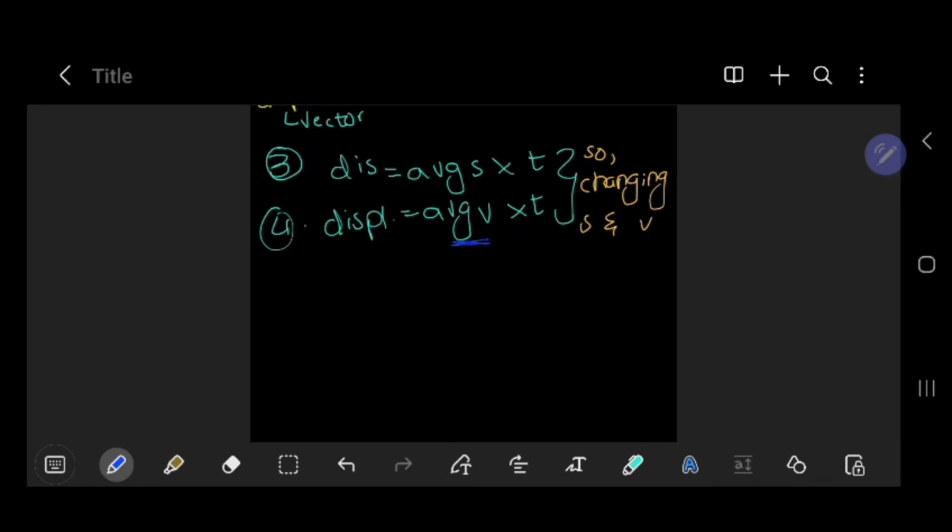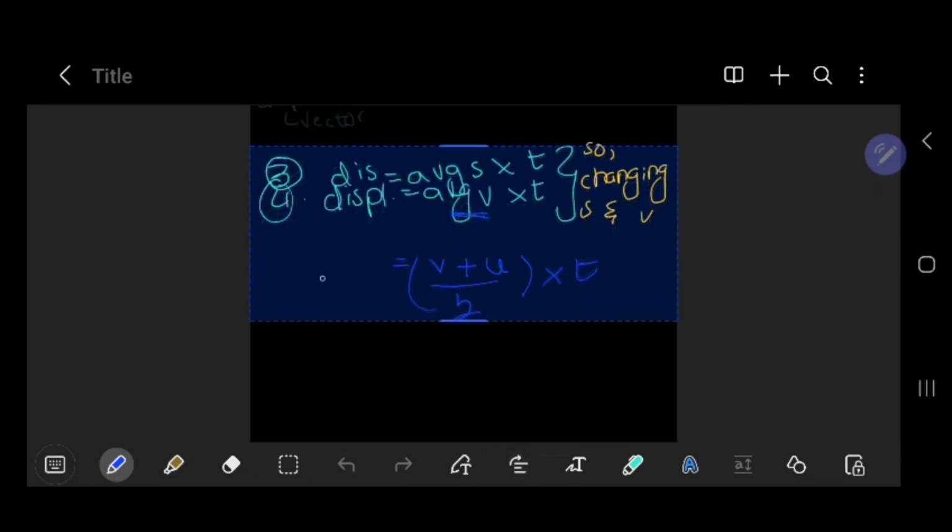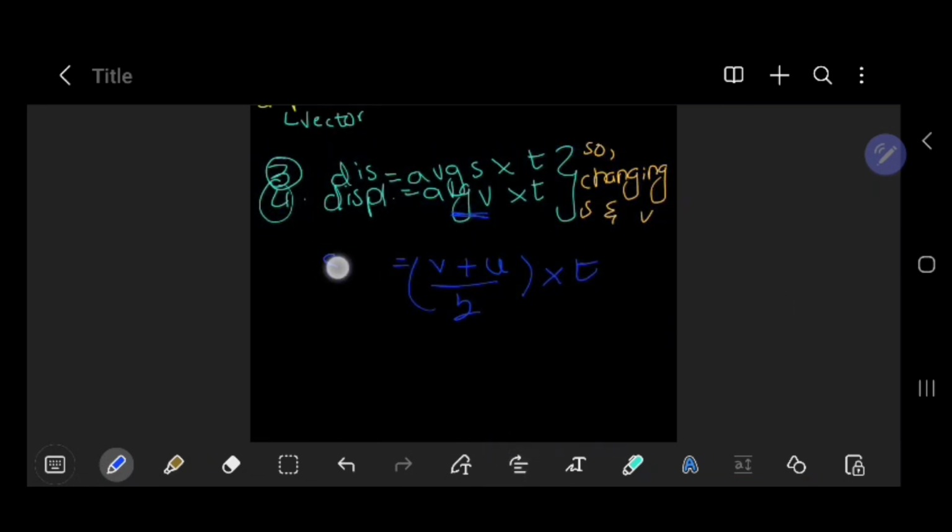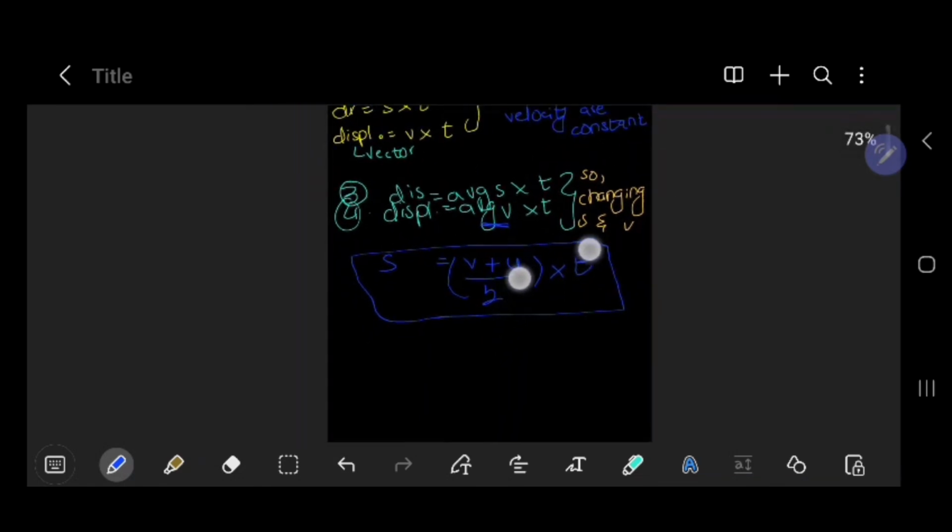So now your average velocity is (final plus initial) divided by 2, multiplied by time. This is the formula of displacement. This formula is really important because we are going to use it in the derivations we are going to do afterwards.